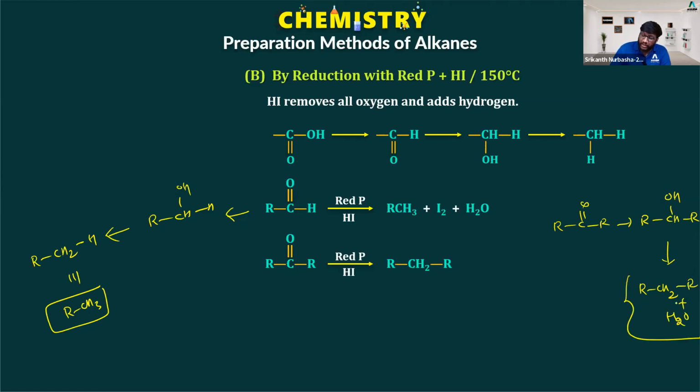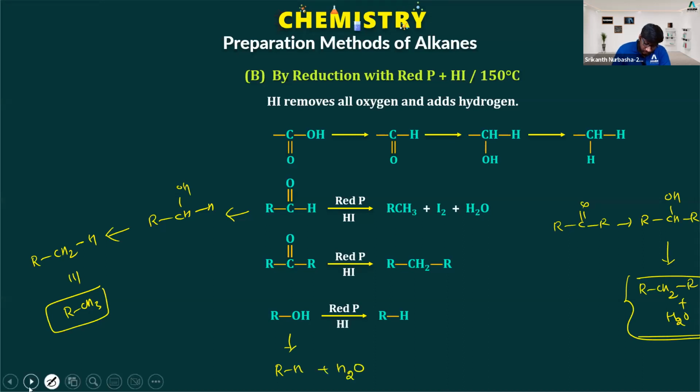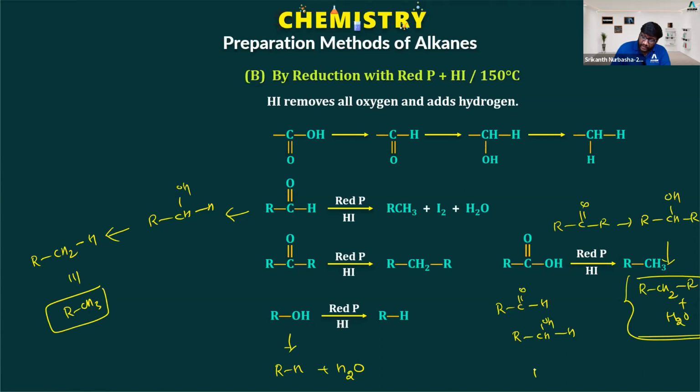H2O is lost, giving RCH3. R-OH with red phosphorus: you add hydrogen to the R group and oxygen, you get R-H and H2O is lost. RCOOH gives RCHO or RCH2OH, then RCH3 plus H2O. That means RCH3 is obtained.